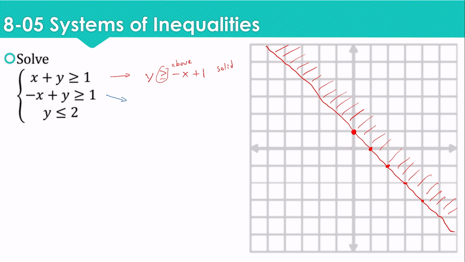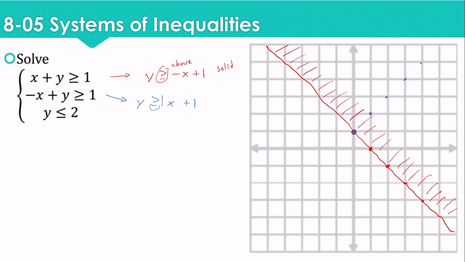Again, I could solve this for y, so it'll be y is greater than x plus 1. So again, I start at 1, but now the slope is 1 because it's 1x, so I go up 1 over 1.